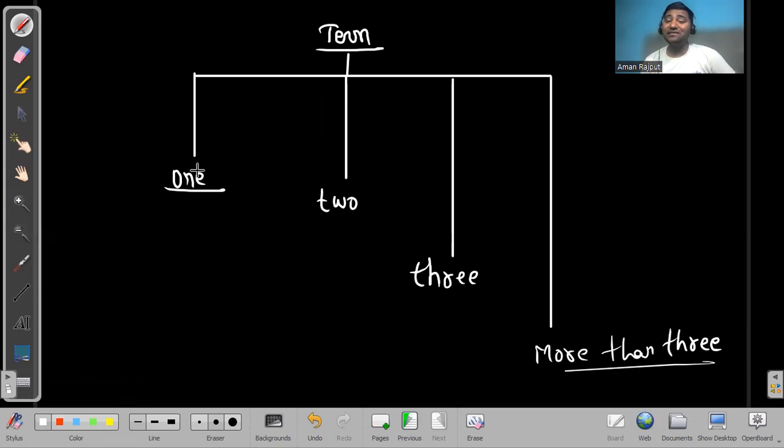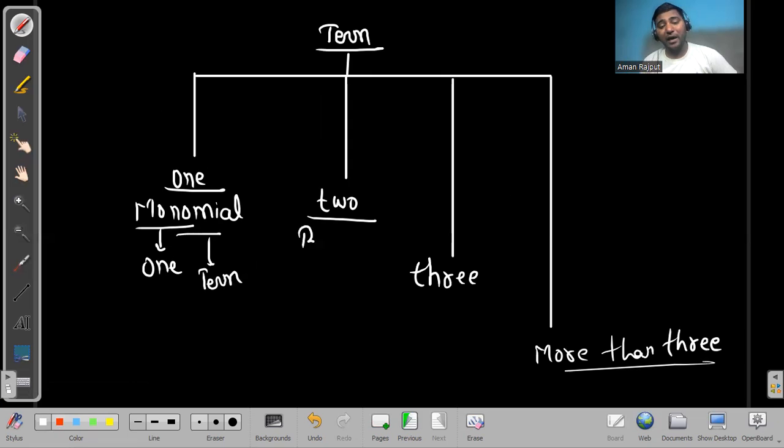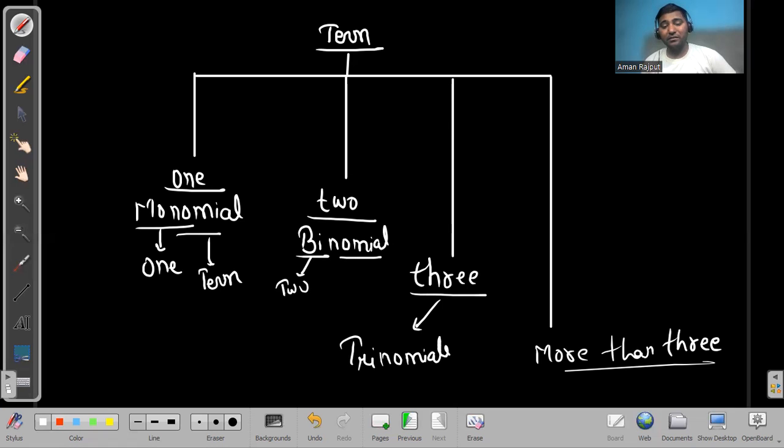An expression which has one term is known as a monomial; mono means one and nomial means term. Similarly, two terms is known as a binomial; bi means two. Three terms is known as a trinomial; tri means three.